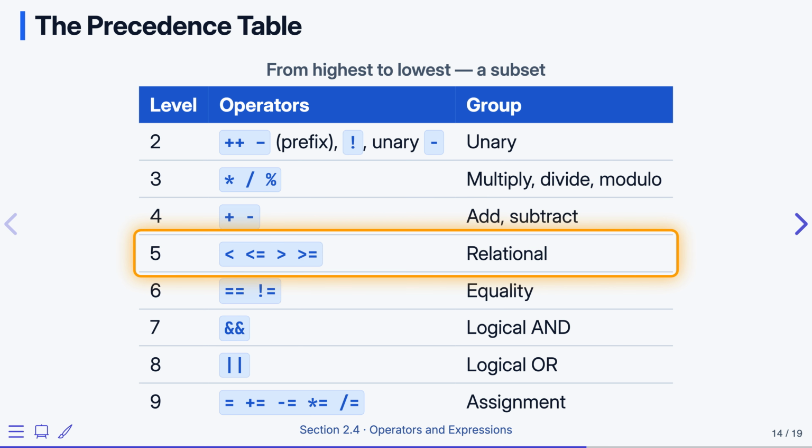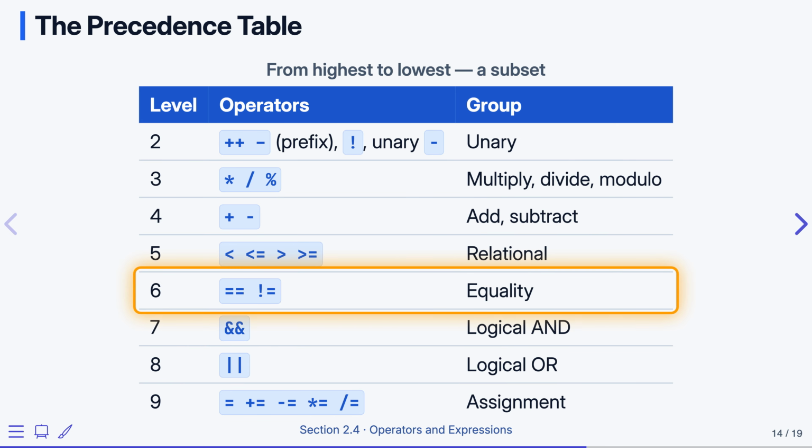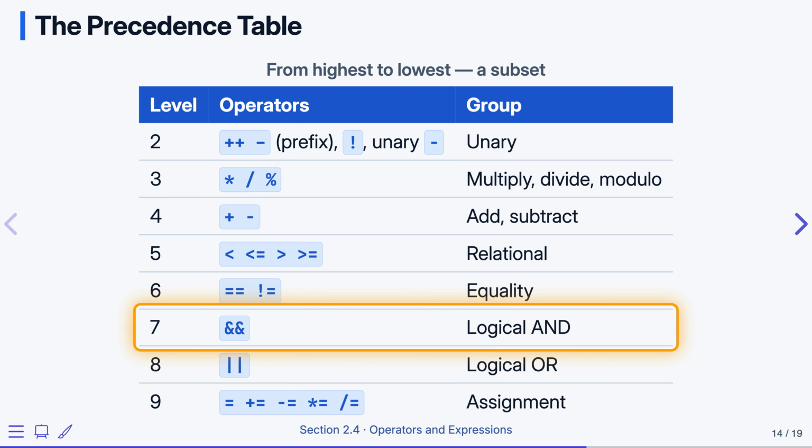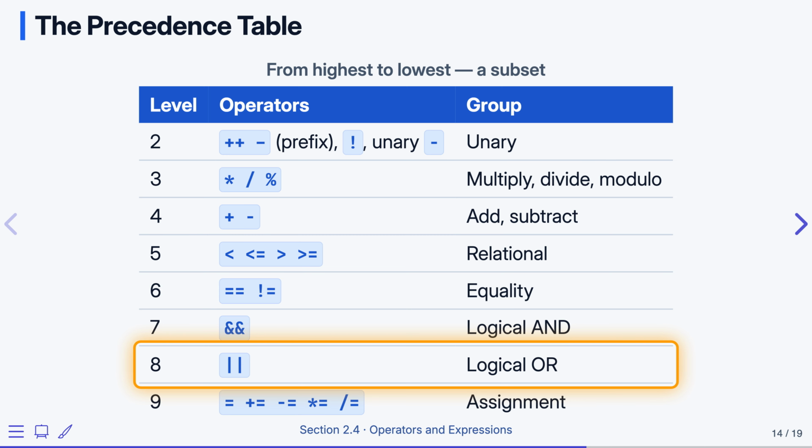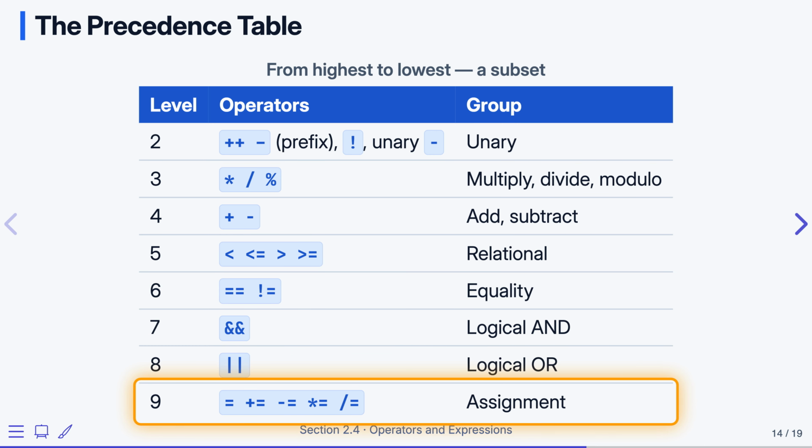Then the relational comparisons, like less than and greater than. Then equality, that is double equals and not equal. Then logical and. Then logical or. And assignment happens last. So arithmetic runs before comparison, comparison runs before logic, and everything runs before assignment. When you are not sure, just add parentheses. They cost nothing and they prevent bugs.